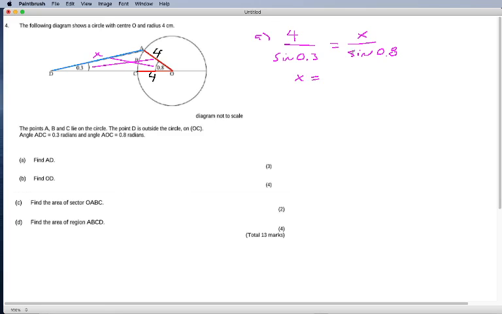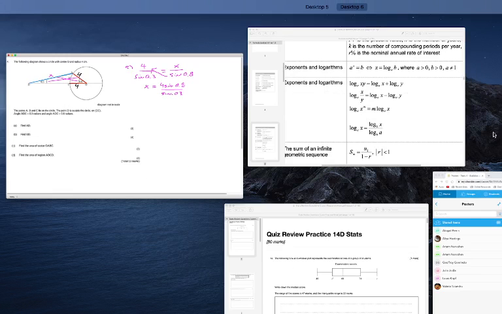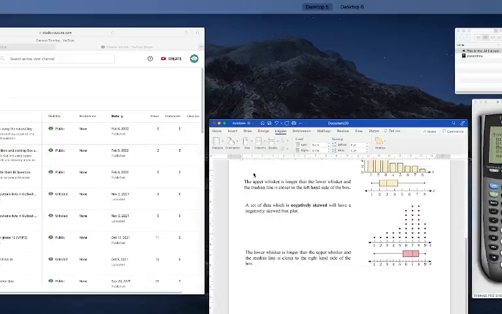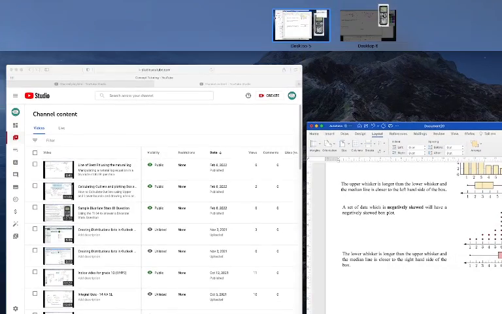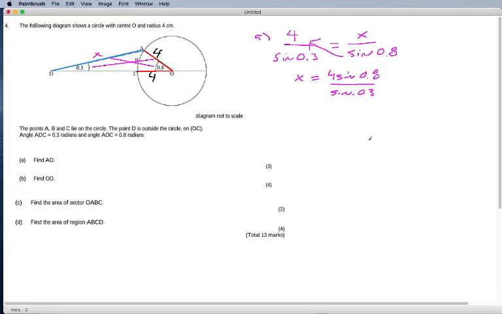If we cross multiply, we're going to have 4 times sine of 0.8 over sine of 0.3. Let's take our calculator out.